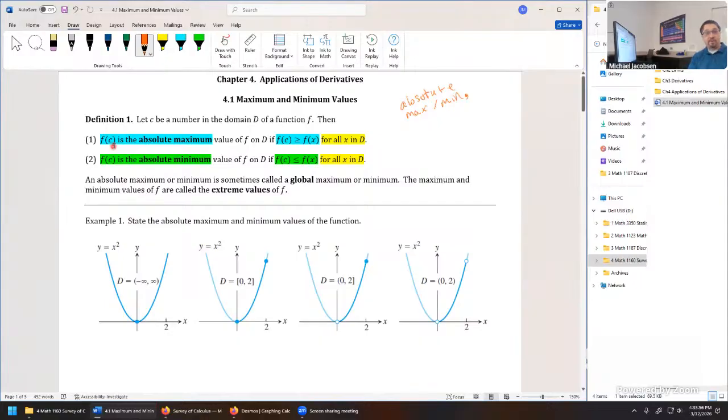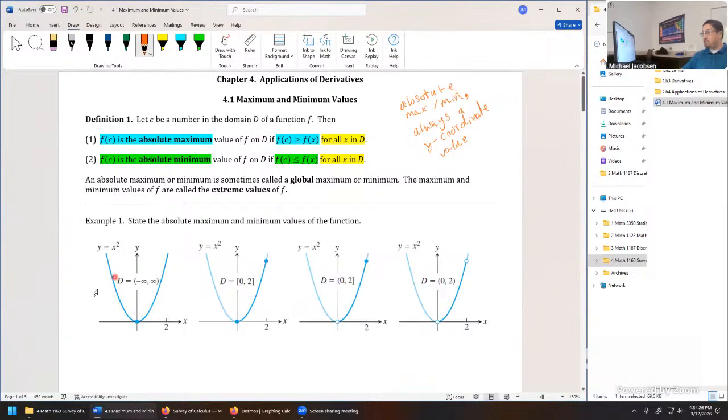And that definitely will affect the problems when you're doing WebAssign. When you're putting in an absolute maximum or minimum value, this is always a y-coordinate value, or the output of that function. So that's why we're calling it f of c, not c itself.